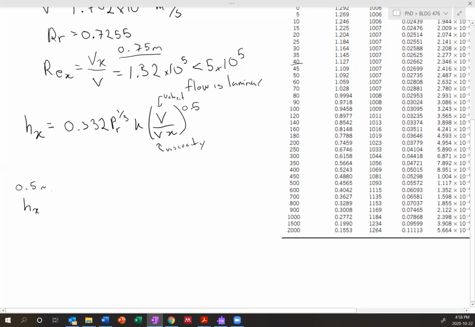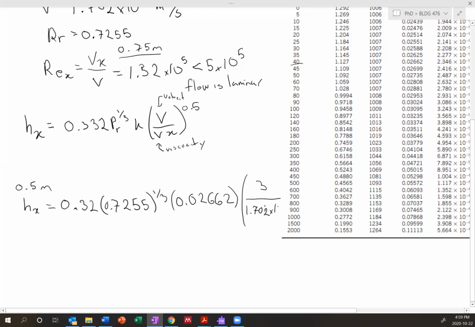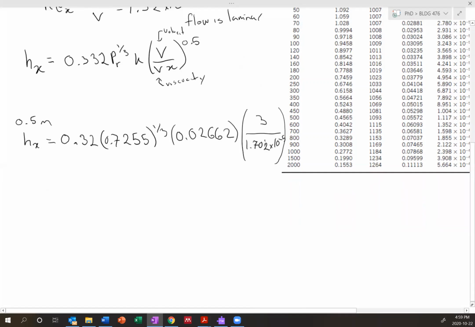So at our 0.5 meters, this is equal to 0.332 times 0.7255 to the 1/3 times 0.02662 times the square root of the Reynolds number, and then divided by the distance.